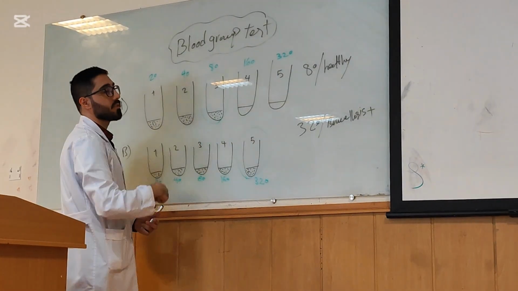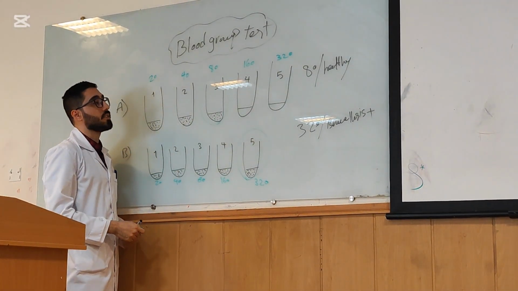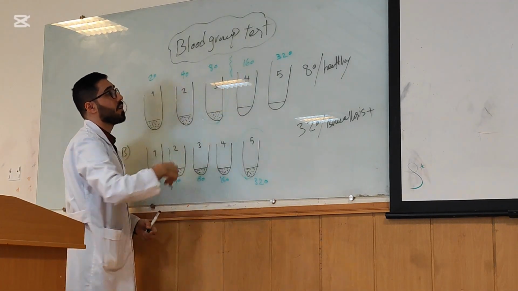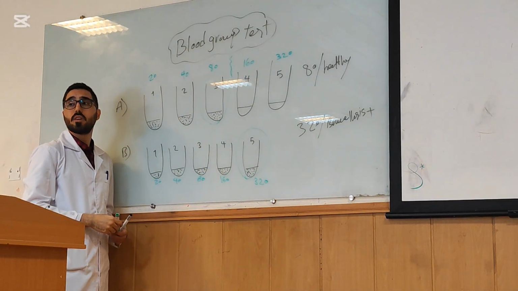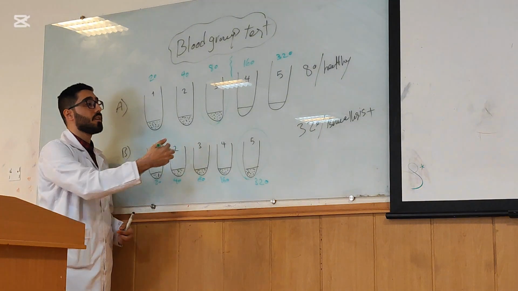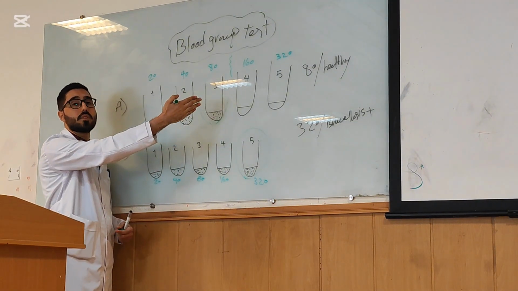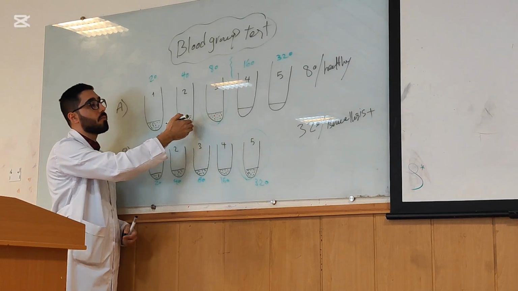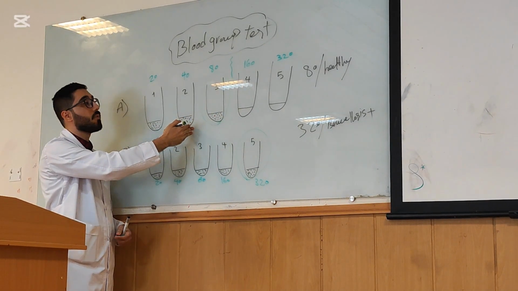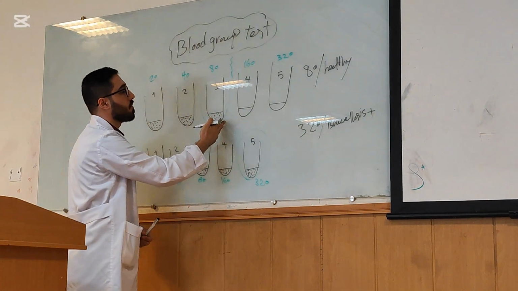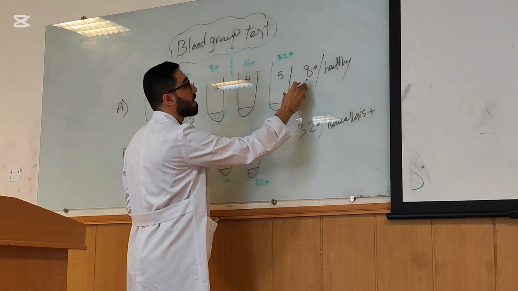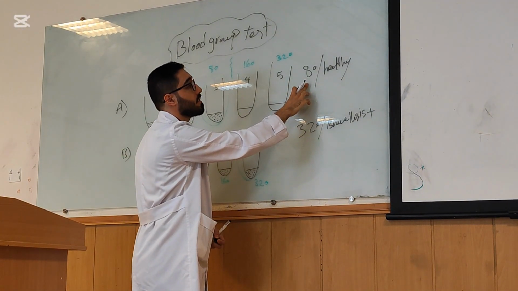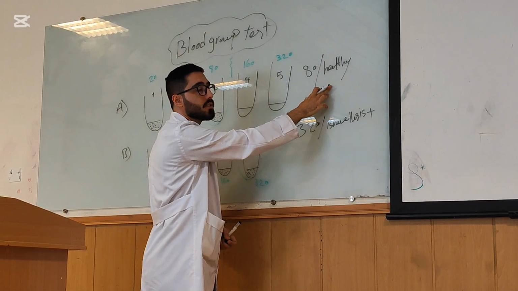After that, we don't see any agglutination. This is my borderline between positive and negative. Does it reach the borderline or not? No, we have less than the borderline. Because of that, we reported negative. My titer is 80 and my person is healthy.